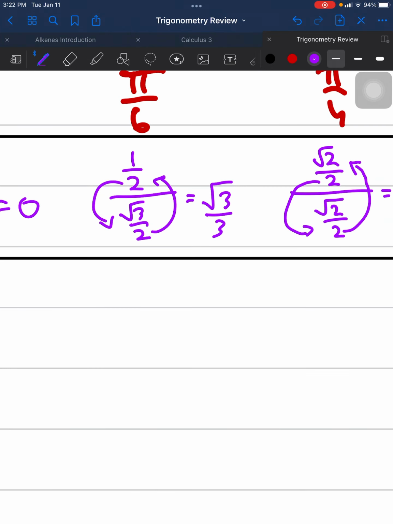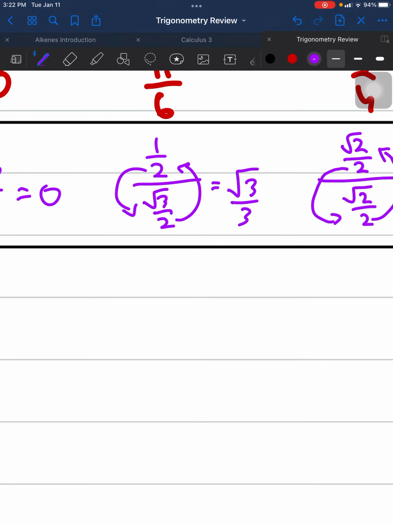And actually, pi over 6 right here should be radical 3 over 3. That's because when we flip these around, we get a radical in the denominator. So we have to use the conjugate of this radical so we can make it in a simpler form.